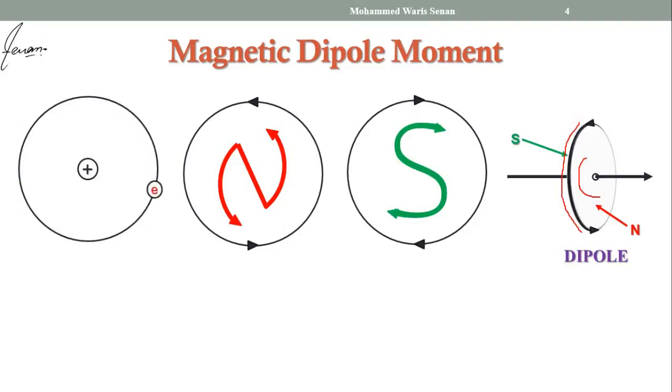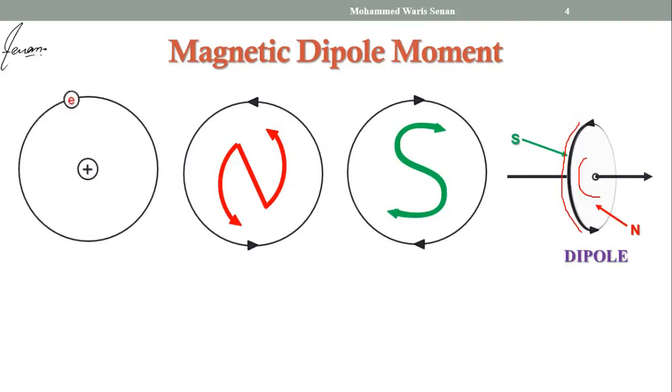And if this face is a south pole, at the back of this face will be the north pole. So north and south poles will exist together, and we know that north and south poles cannot exist independently. Here also the north pole and south pole are existing together. So this north pole and south pole will constitute a dipole.